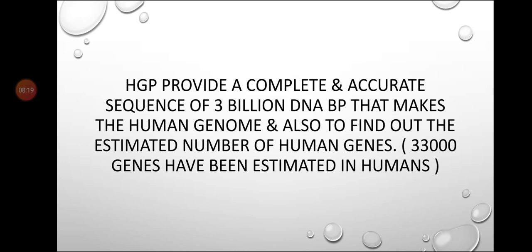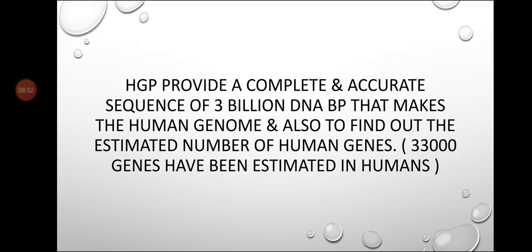HGP provided a complete and accurate sequence of 3 billion DNA base pairs that make the human genome, and it also aimed to find out the estimated number of human genes.